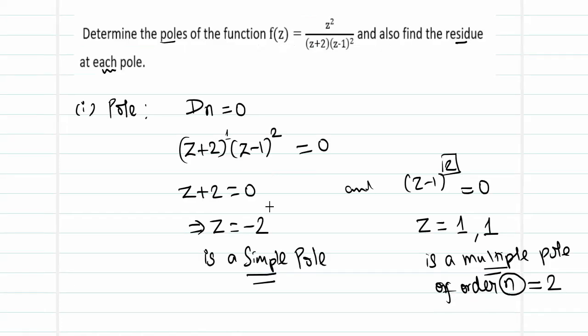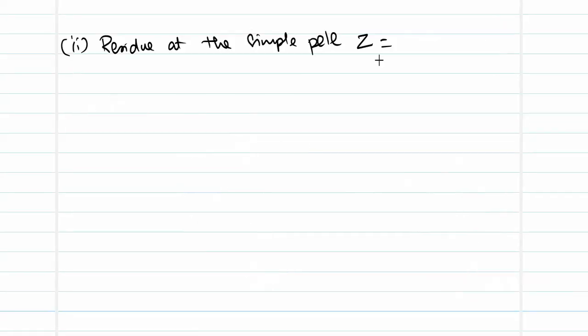Come on, we will evaluate them one by one. The first thing we are going to see is step 2, residue at the simple pole. What is going to be the simple pole for us? z is equal to minus 2. What is my function f of z?